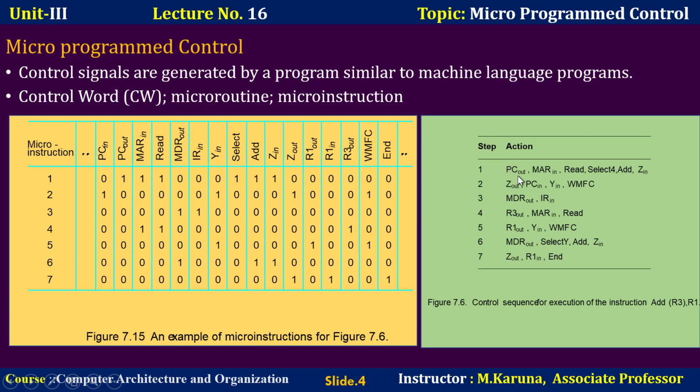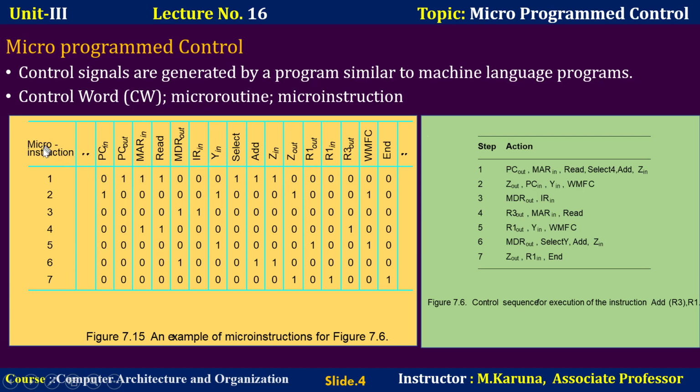According to that sequence, in the first step PC out is set to 1. Next MAR in is set to 1. Next the read signal is set to 1 in the first step. Likewise, the required control signals in the first step are set to 1, and the remaining bits are set to 0. The combination of all these bits is nothing but the control word, or we can say the instruction code.